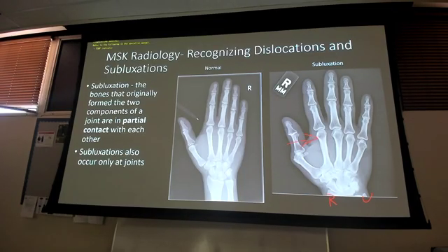So just use words that are as specific as you can, right? If you think first MCP, then technically that could also be correct. If you said I have an older subluxation of the first metacarpophalangeal joint, I could probably paint that picture, but I can paint it a lot easier if you just told me proximal phalanx, right? So you're not wrong, it's just better.